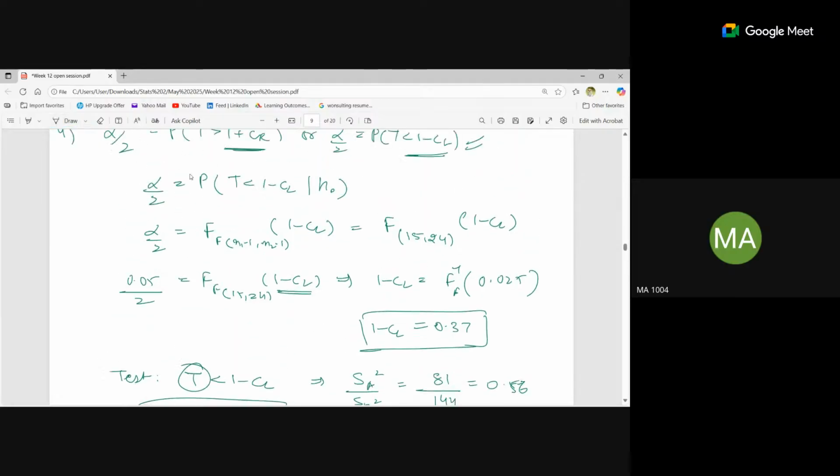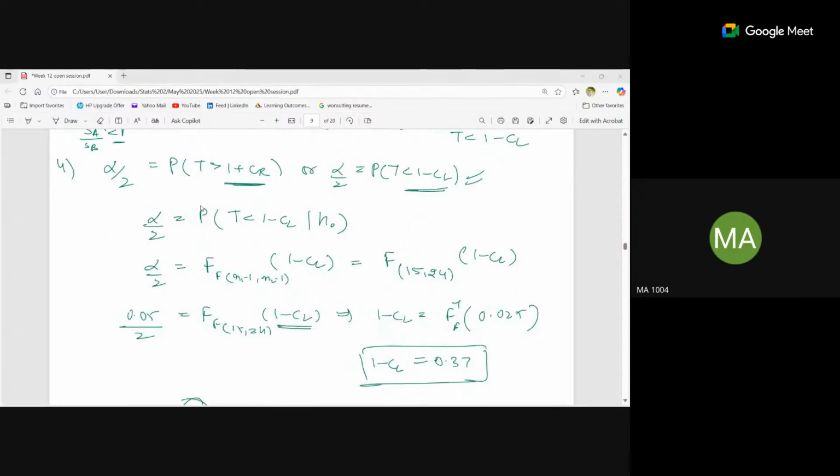Is the question clear to everyone? The F test. Ma'am, if sigma is given, we'll use the F test?